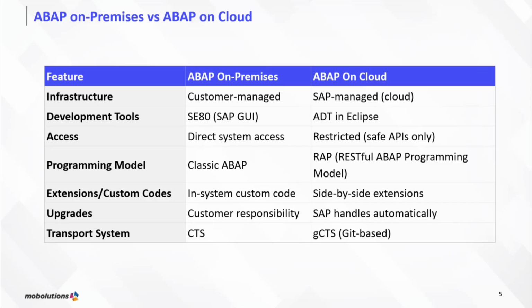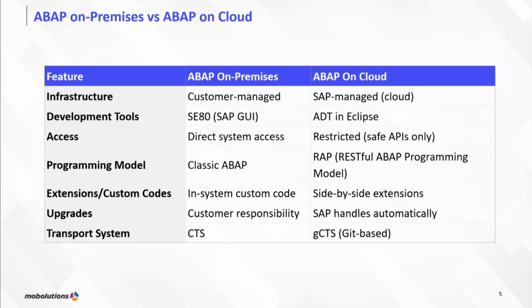For extensions and custom code, on-premises systems allow in-system customizations, but on the cloud, extensions are typically done side by side to keep the core system clean and stable. Upgrades are something to note as well. On premises, customers handle upgrades themselves, while in the cloud, SAP takes care of the upgrades automatically, reducing your maintenance overhead.